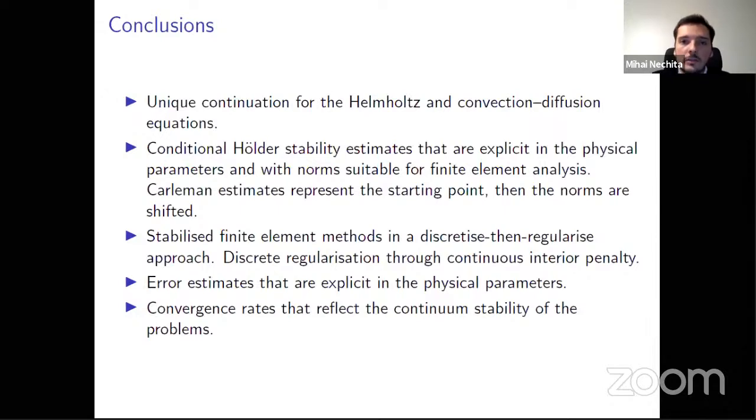So when we use this sort of Hölder stability estimates, we rediscover the same convergence order, and in the case of convection-dominated problems, locally we obtain the convergence order that would appear in a well-posed problem. And with this, I think I will end.